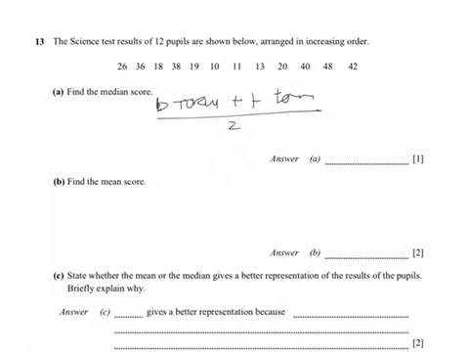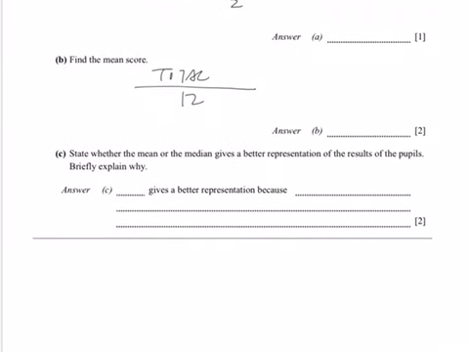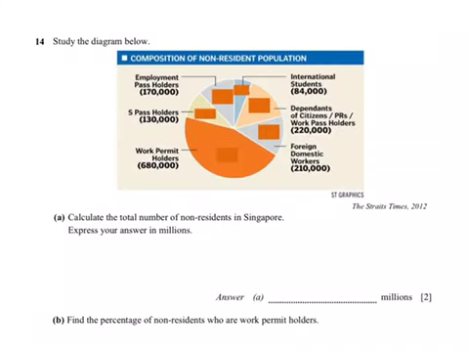The mean score, you will take all the scores and divide by 12, or the total marks divided by 12. Very straightforward. Now as to which one will give you a better representation, we will leave this question out. Okay, we'll just leave this question out.